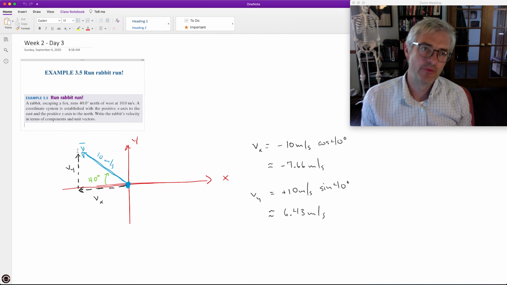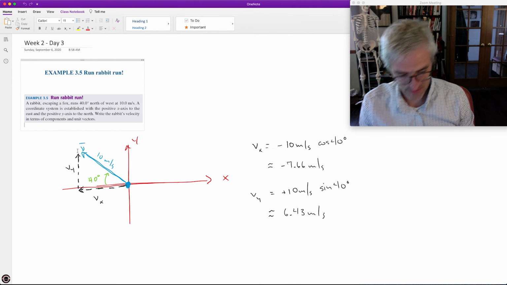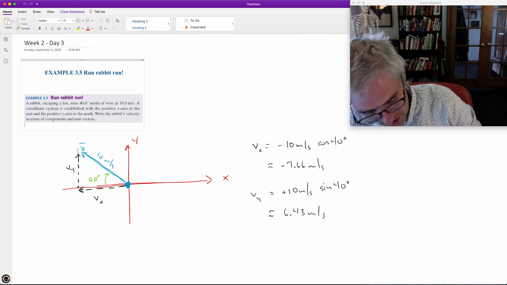Now what I want to do, I want to write it. Those are my components. I'm not quite done yet because I want to represent the whole vector in terms of its components and unit vectors.